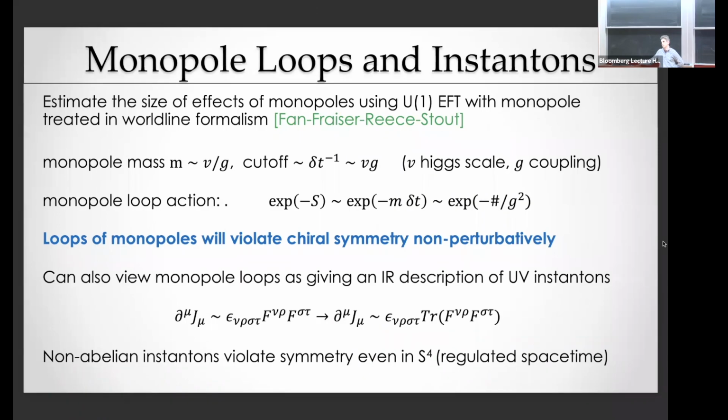So I guess you could say that it's more in the context of this UV instanton version. But if it's extra dimensional, that's why I brought up the point that we don't have to commit ourselves to a particular UV completion to recognize that dynamical magnetic charges will dynamically break the chiral symmetry and estimate the size of that effect.